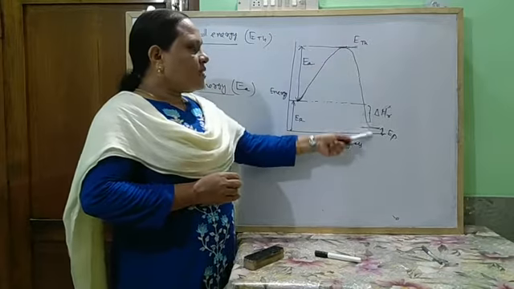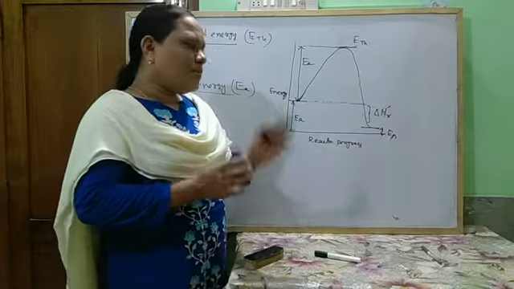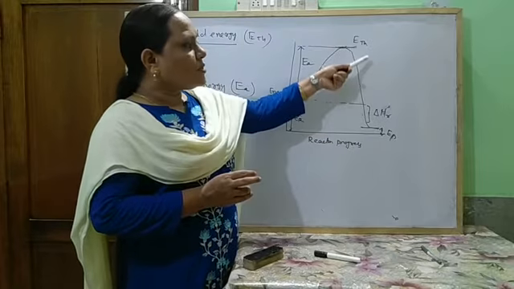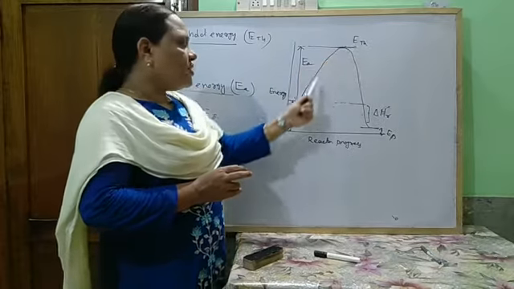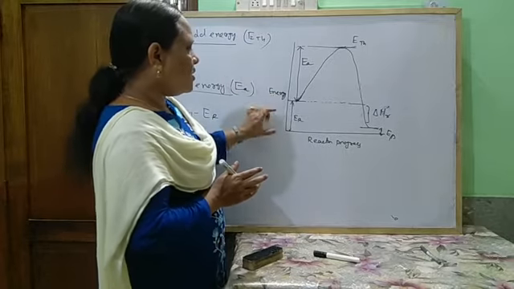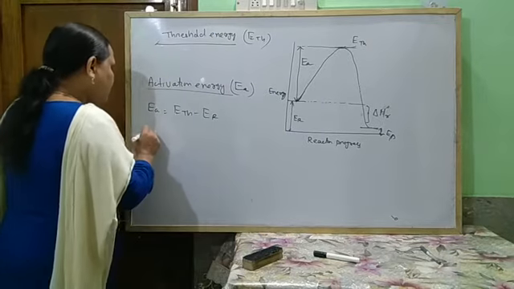This is your energy of product. Again, when the product gets some energy, it goes to this threshold energy, and then the reactant is formed. So here we have considered the energy of reactant and the energy of product.